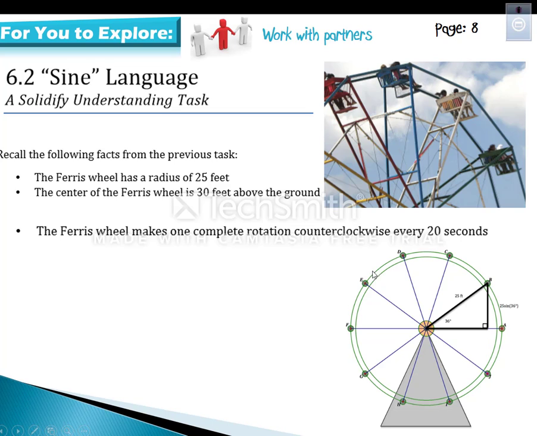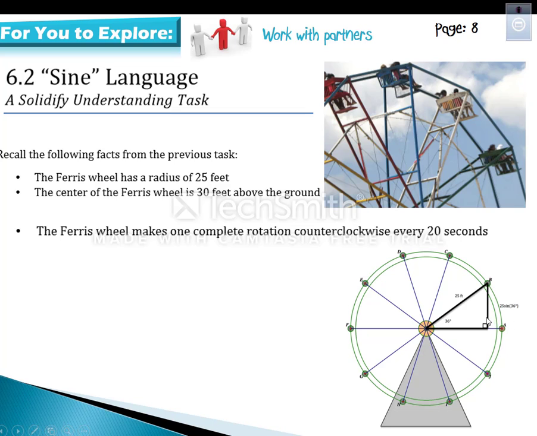If it takes 20 seconds all the way to get around, how long would it take just to get to here? Okay, so this would be 10 seconds. And if it was right here, halfway of the 10 seconds, this would be 5 seconds. So what I want to know is how long will it take just to get up to position B? How many seconds?